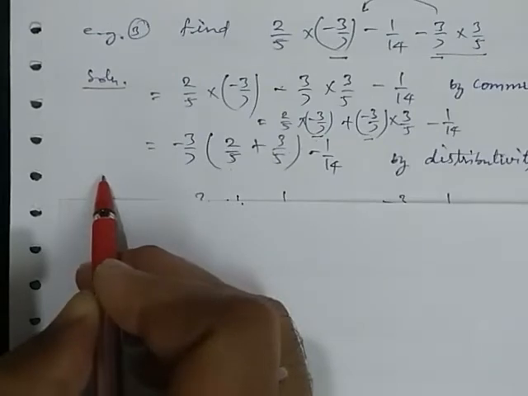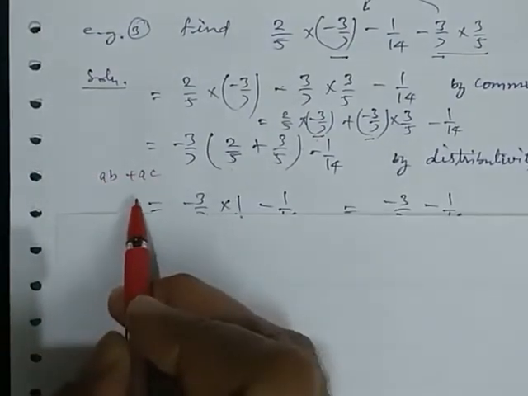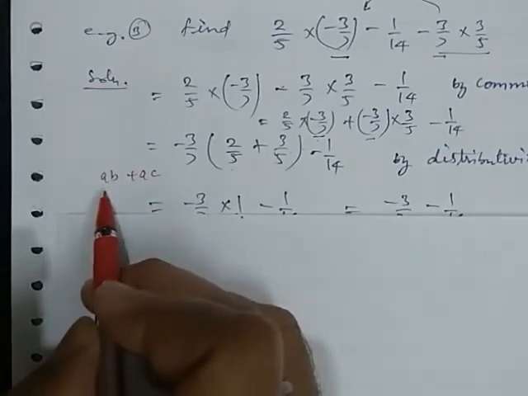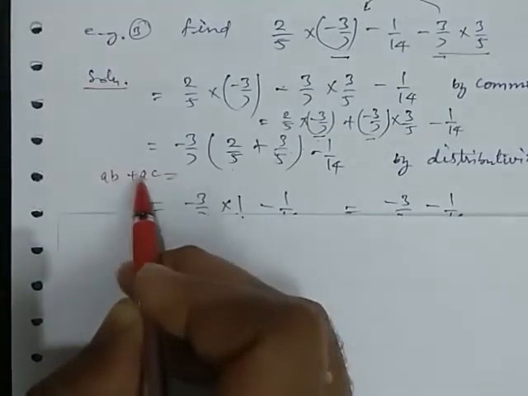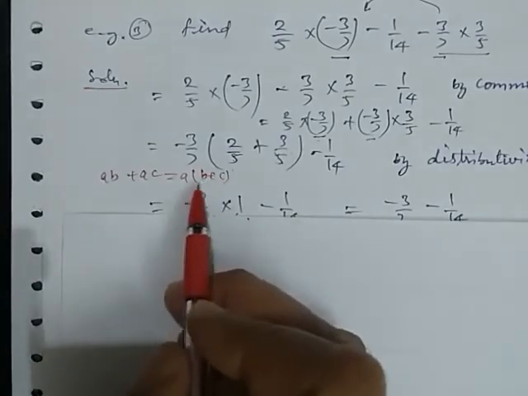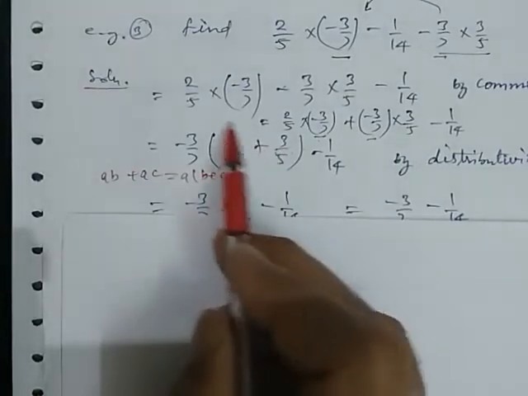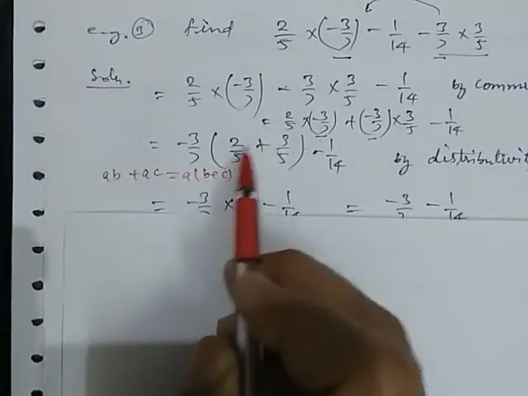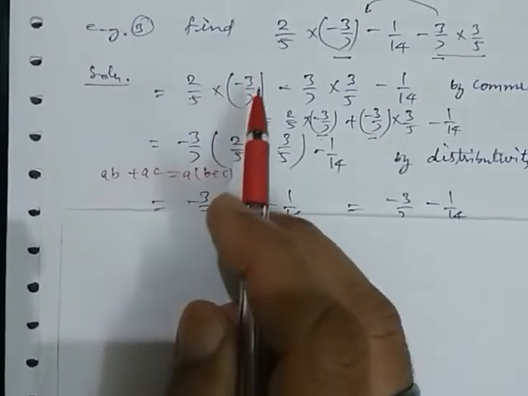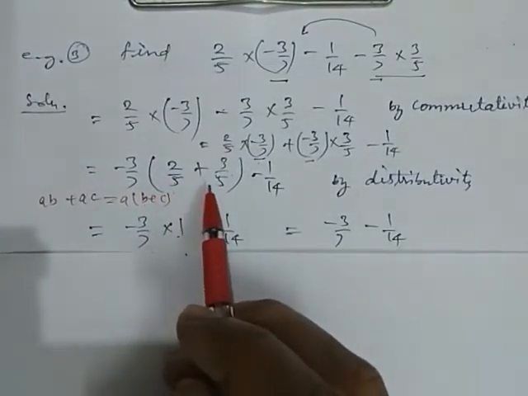If we write AB plus AC, we can write this by taking A common, A into (B plus C). So this is the converse of distributivity, and here we use this to solve this problem. Okay, so the problem is converted to an easy form.